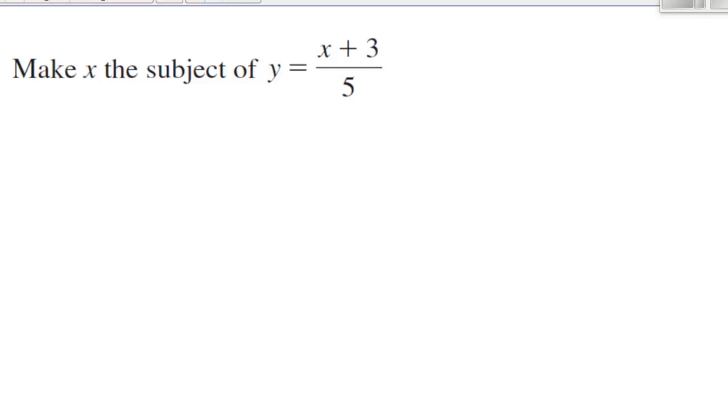Here's another example. I'll start by drawing the onion skins. So if I peel off the outer skin, whatever operation that I'm seeing here is divide by 5.